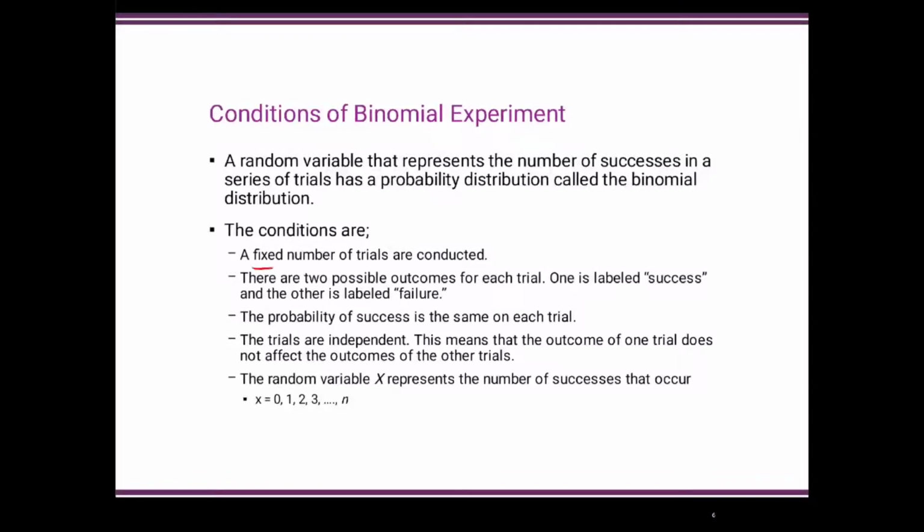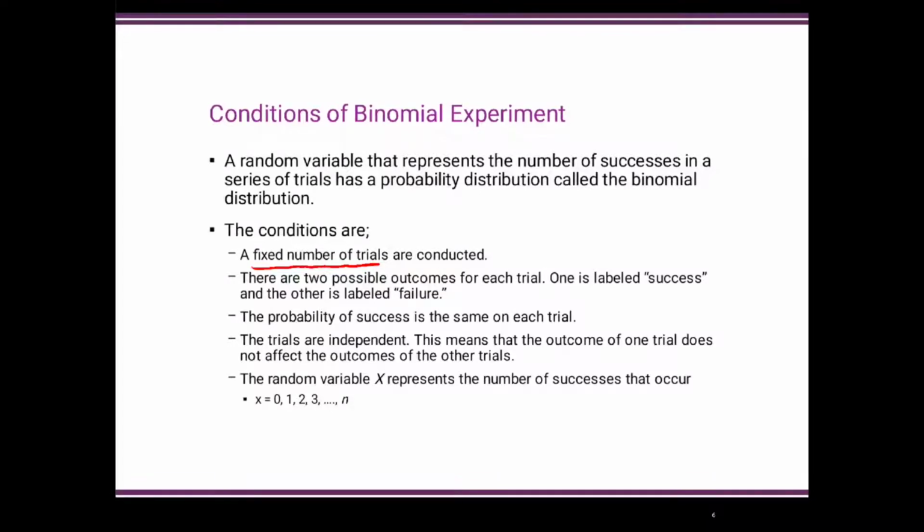There are 2 possible outcomes for each trial. One is labeled success and the other is labeled failure. So it's either yes or no, or in another example, defect or non-defect. Anything that has only 2 possible outcomes.